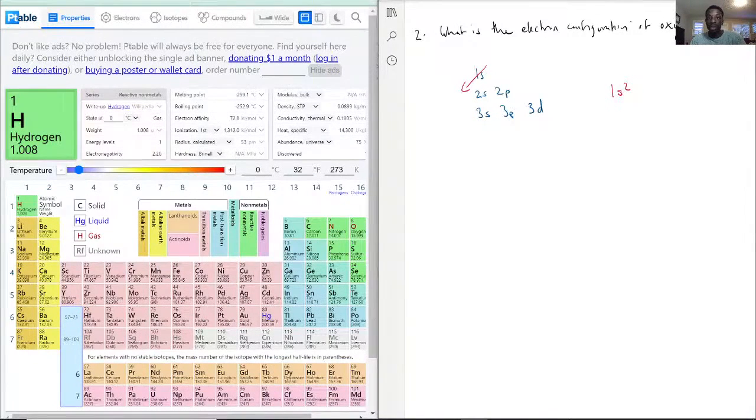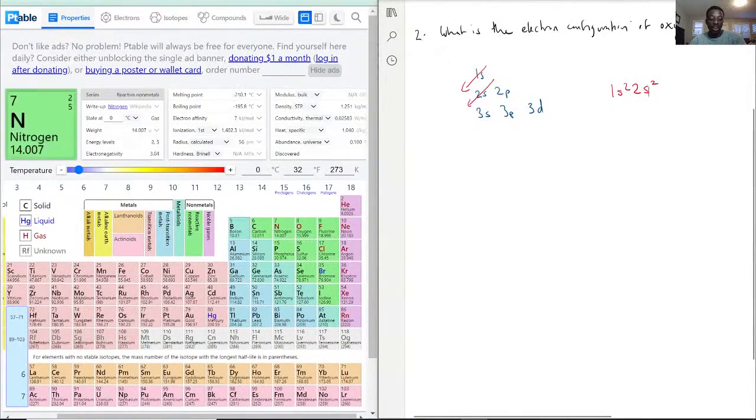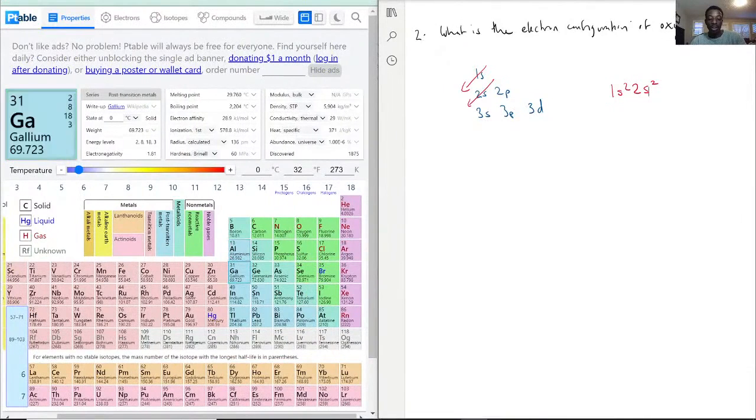Lithium would be the 2s1 because now it's the second row, and then we're still in the s subshell, so it'd be 2s1, and then beryllium would be 2s2. Okay, so we've now crossed over lithium and beryllium, so we know oxygen at least has 2s2. Okay, and then we enter this side here, columns 13 through 18.